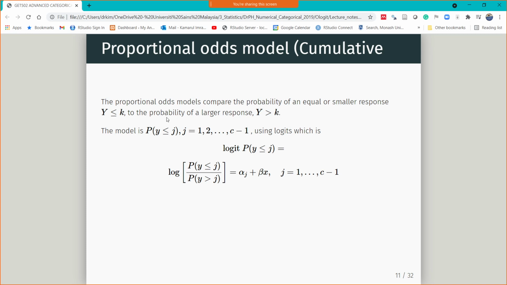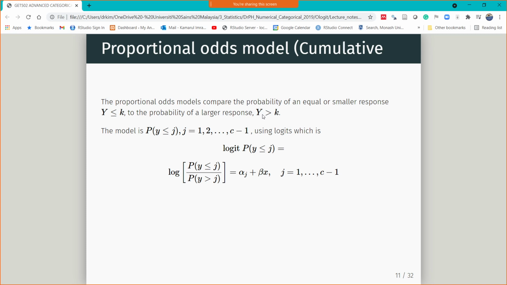In the Hosmer and Lemeshow book, it is written as y equal or less than k against y bigger than k.